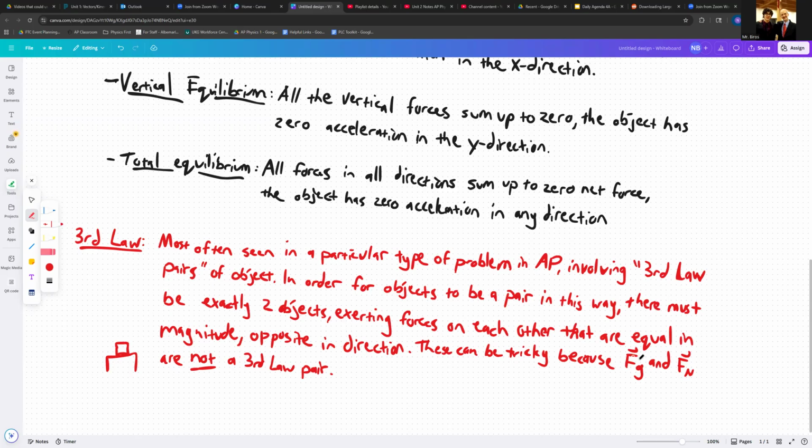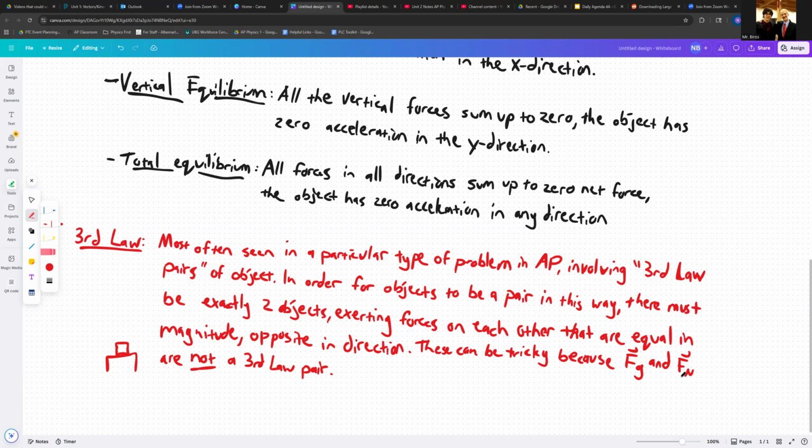So gravity is Earth pulls on box. Normal force is table pushes on box. Those are 3 separate objects: Earth, box, and table. And the receiving end of both of those forces is the box. So these cannot be a third law pair because both gravity and normal force are acting on the box itself.